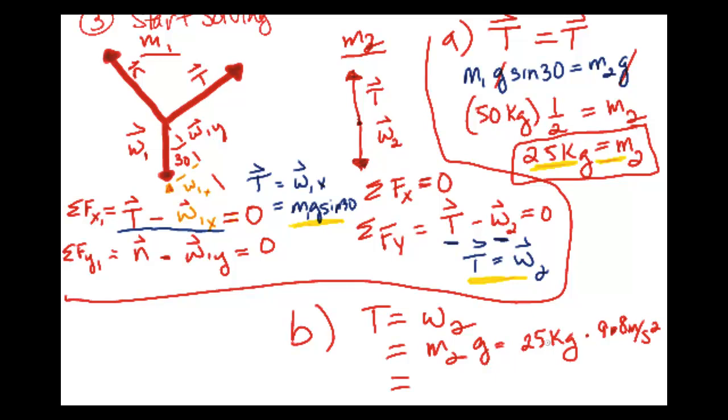Or actually I did calculate that, didn't I? It was 212 newtons, I believe. If you remember, a newton is a 1 kilogram meter per second squared. Alright, so that would be your tension.